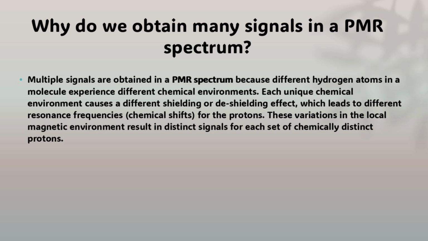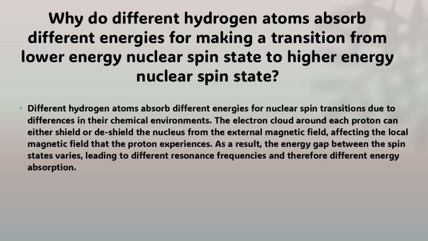Each unique chemical environment causes a different shielding effect or deshielding effect, which leads to different resonance frequencies, chemical shifts, for the protons. These variations in the local magnetic environment result in distinct signals for each set of chemically distinct protons.